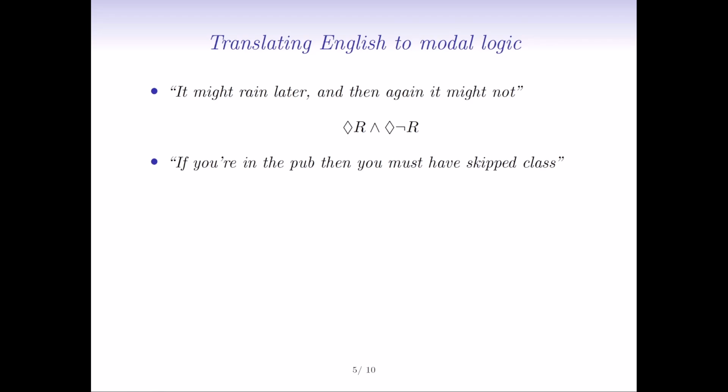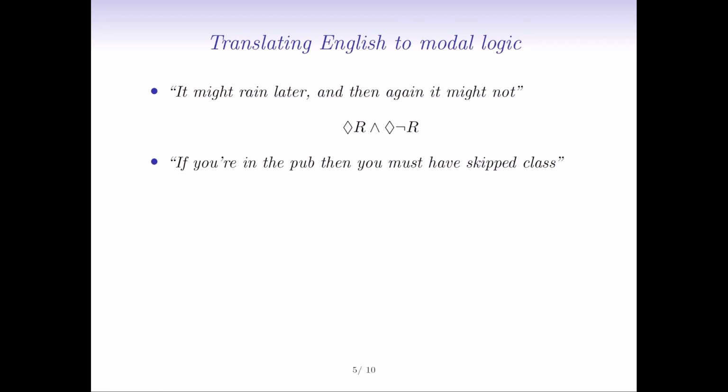If you're in the pub, then you must have skipped class. So, okay, we can think of two propositions: P for you're in the pub, and S for you've skipped class. So this is a statement about something that is necessary. So if you're in the pub now, if P, then necessarily it is the case that you've skipped class.